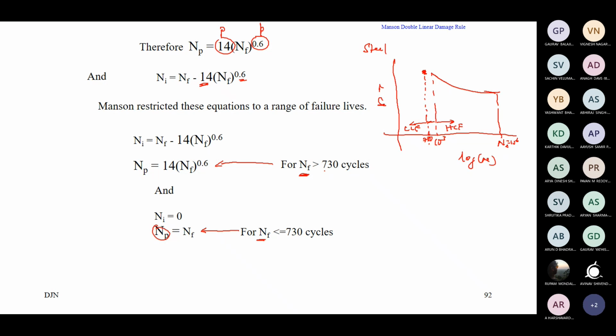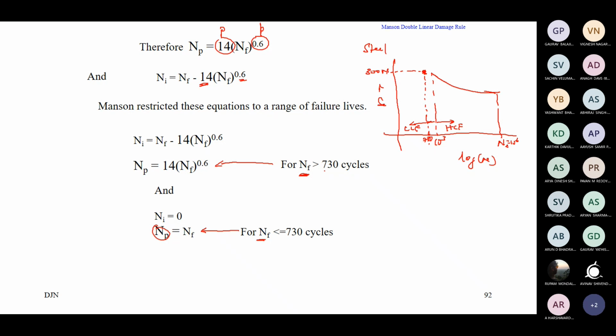If the component has to fail in fewer than 730 cycles, that means what? You have to apply a high magnitude of load, let us say somewhere around 300 Newton. Then the meaning is that when you apply the first cycle of 300 Newton itself, a crack has been initiated or there is already a crack.